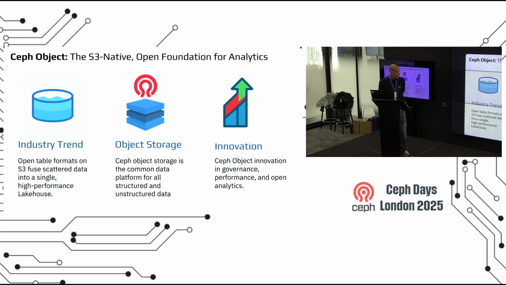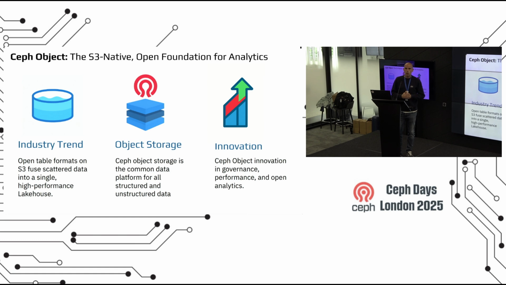And on the innovation side of things, I wanted to also mention the great work that the community and the RGW team are doing in adding more and more features that are critical for analytical workloads, taking object storage to the next level. We don't want to just do puts and gets and nothing else. We want to be closer to the data, to the workload, and provide extra features on top of that.